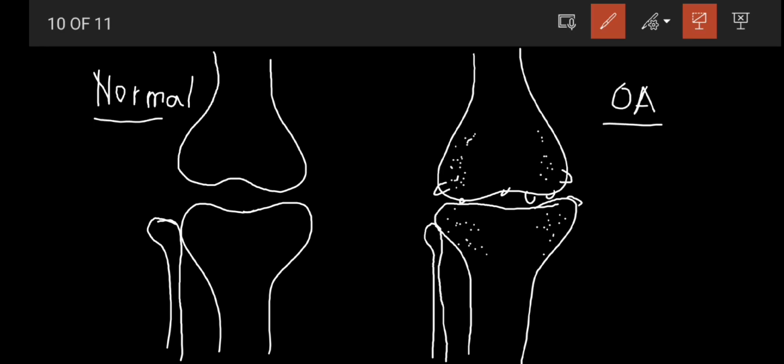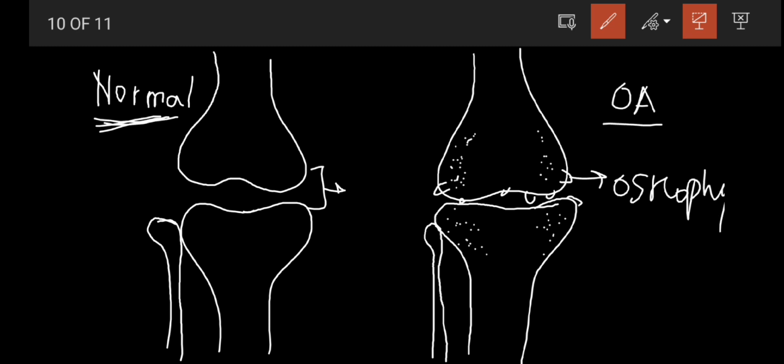Here in this diagram you can see the normal joint, in which there is an adequate distance between the articulating cartilage. The load and the stress are also distributed evenly. But in osteoarthritis, you can see osteophytes present at the edge of the bone, and there will be loose bodies.